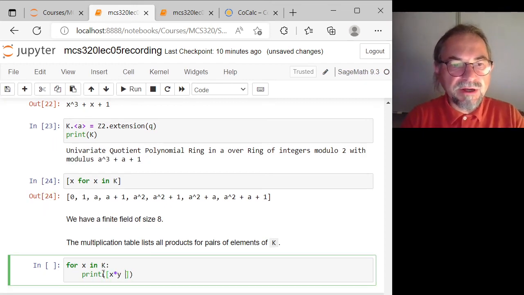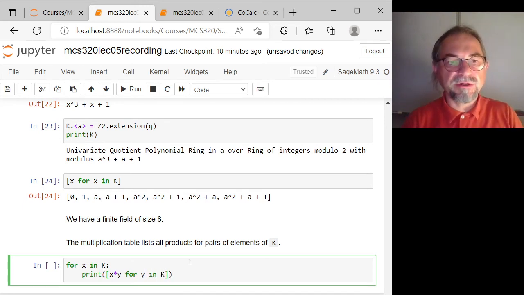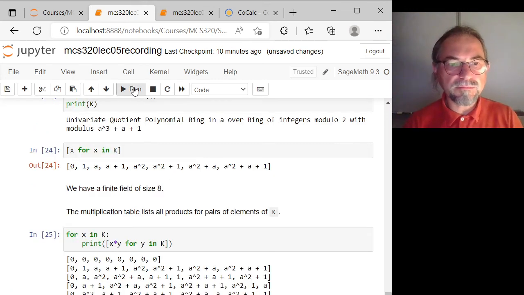I'm using a list comprehension in a loop, which is a nice way to make a double loop. I will print all products of x by y. x is in the outer loop, y is in the inner loop. And this prints out very neatly all the products.